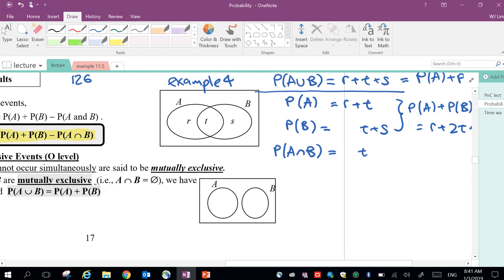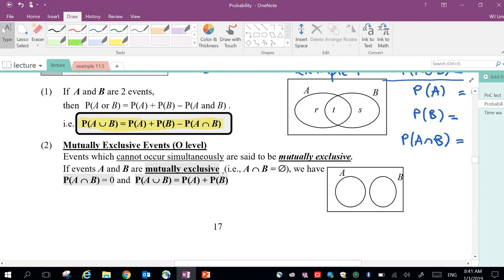This might be slightly different from what you learned in secondary school. What you learn in secondary school is mutually exclusive events. Mutually exclusive means they cannot occur simultaneously, meaning probability A intersect B is 0. Agree or not? They don't intersect at all. The Venn diagram shows mutually exclusive.